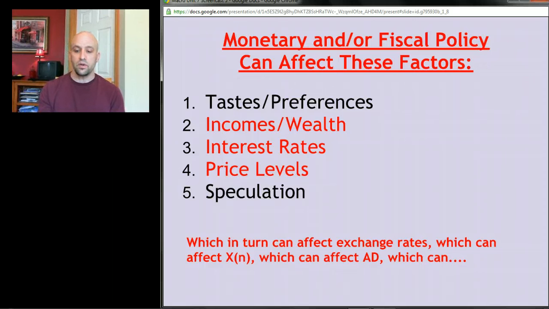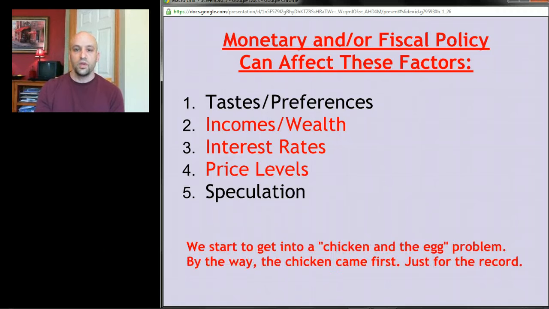So monetary and fiscal policy can affect exchange rates, which affects net exports, which can affect aggregate demand, which can affect exchange rates, and on it goes. We start to get into like a chicken and the egg problem, where one thing's causing another, and we can kind of lose track of what the initial cause was.